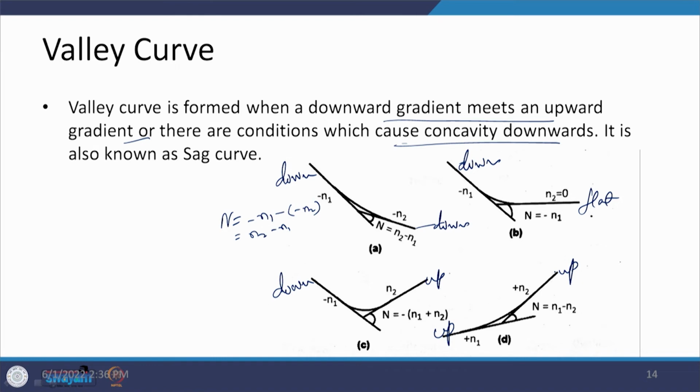All of these things are going to create a condition for a valley curve, and we can also have, as we discussed in the case of the summit curves too, an upgrade which follows the flat condition, and then in this case also we are going to have a valley curve. So, here N1 is 0 and N2 is positive. So, you are going to get the values accordingly. Okay. So, this is N equals N1 minus N2. This is the value which we will have.